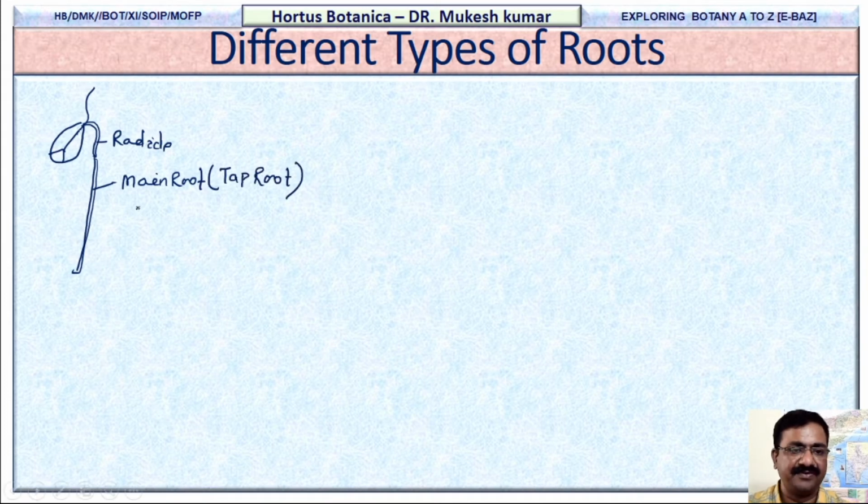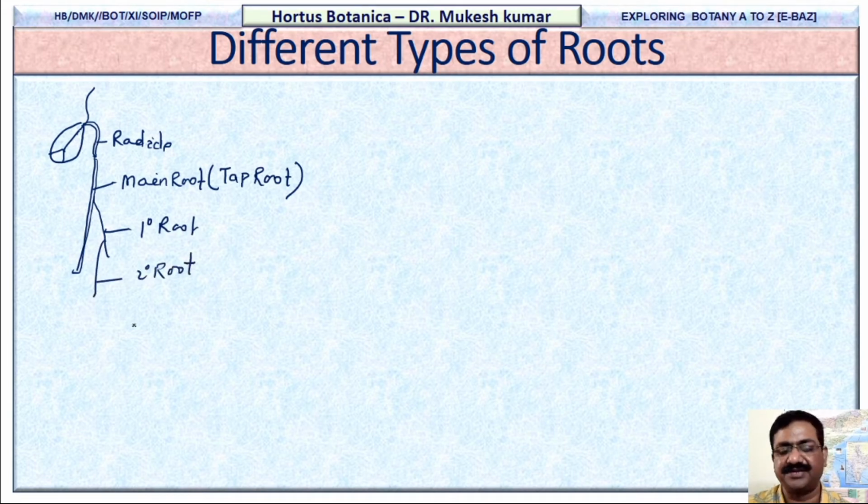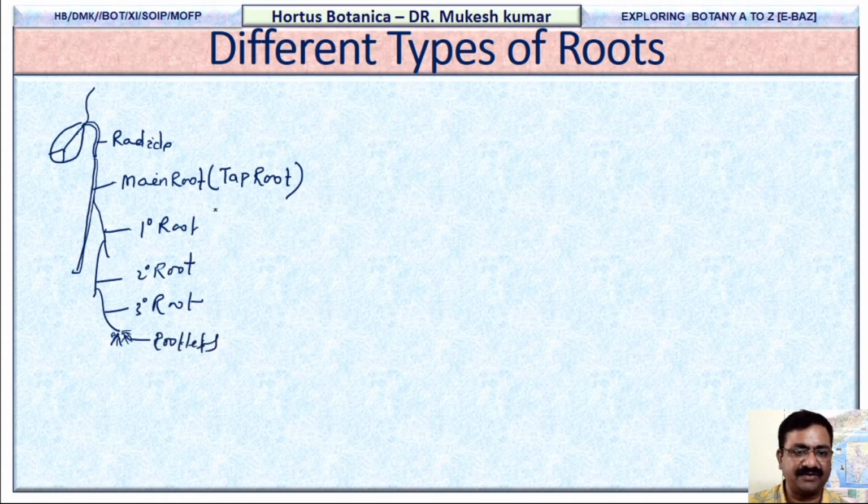Fine. Now you are finding the first lateral branch, yes, you can say it is the primary root. The second lateral branch from this, yes, it is the secondary root. Third branch, you can say this is the tertiary root. And there are also final ultimate branches, you can say they are rootlets. So these are the lateral branches.